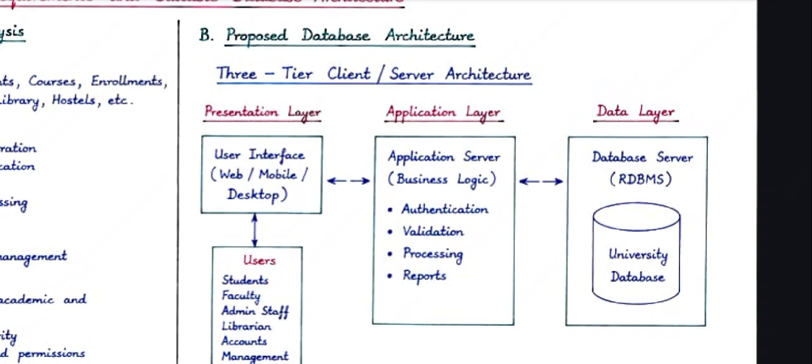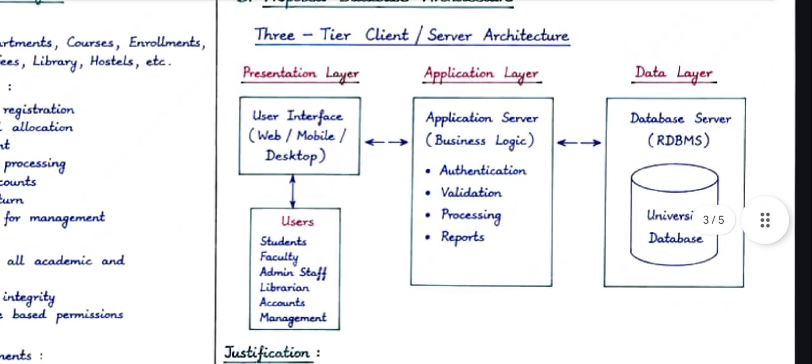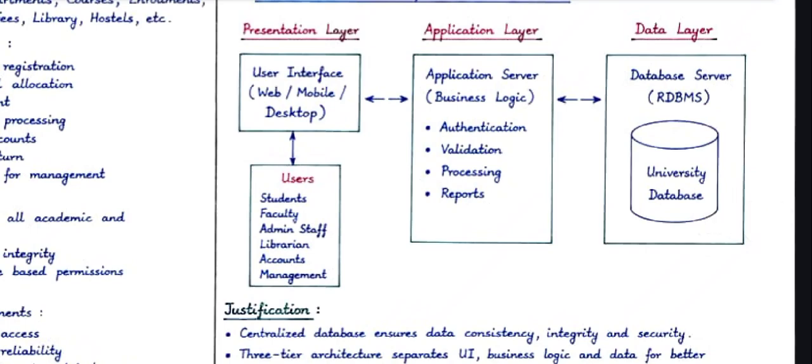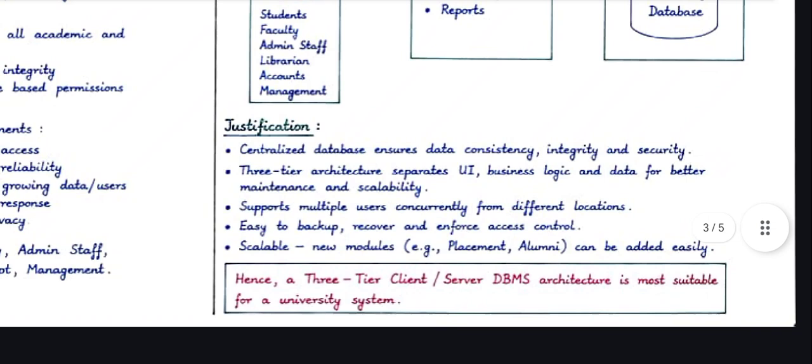Then the application layer, the application server where the business logic exists: authentication, validation, processing, and reports. Presentation layer: user interface, web or mobile or desktop. Users will be student, faculty, admin, and so on.